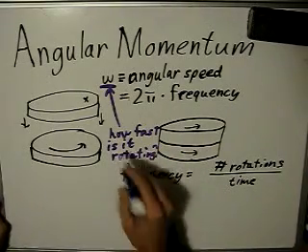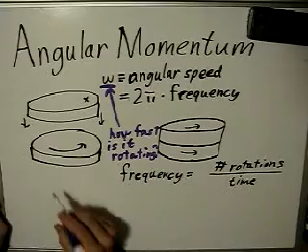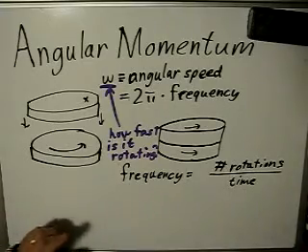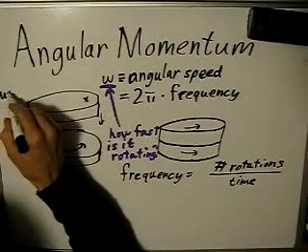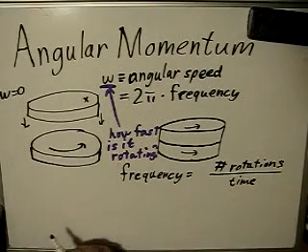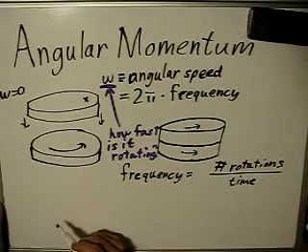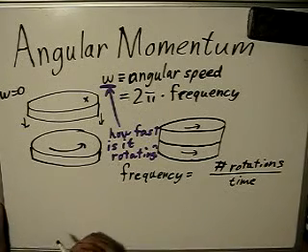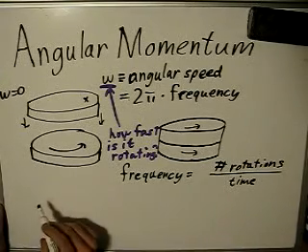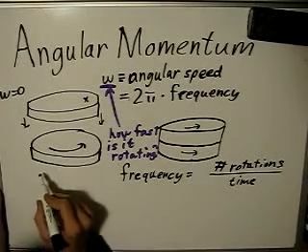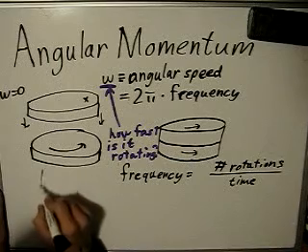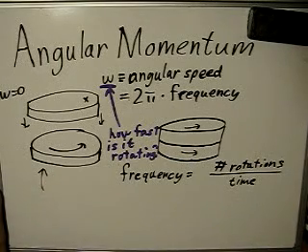Okay? So omega just tells us how fast it is rotating. Now for this object here, omega was equal to 0. Let's take an example of an object here where, let's calculate omega for this object.